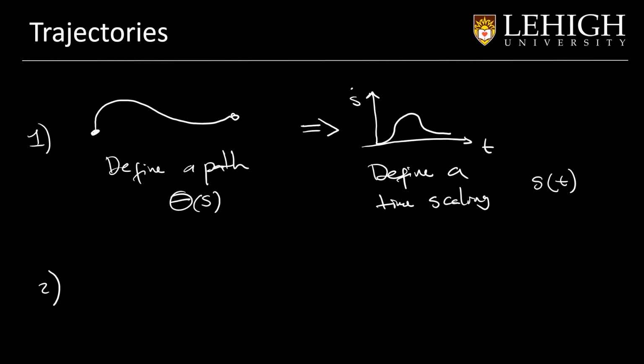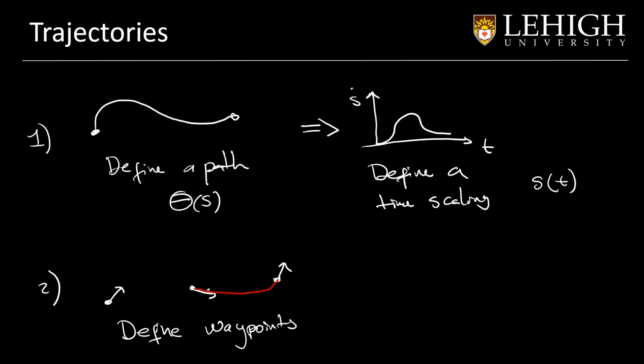Another way to do this is by defining waypoints. In this case, we just define the locations where we plan to go through and the velocity at that point, and we will find a line that passes through those points with the velocity that we want.